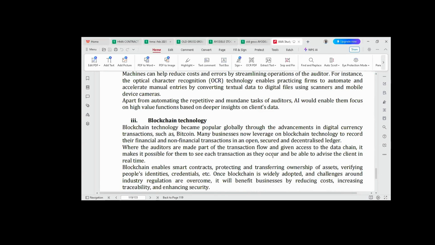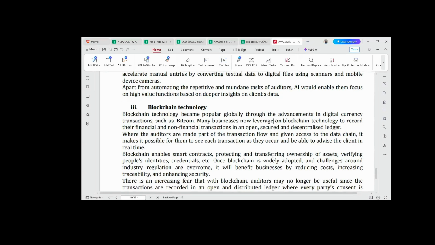Okay? So what that means is that it allows for accountability, traceability, and it also enhances security.